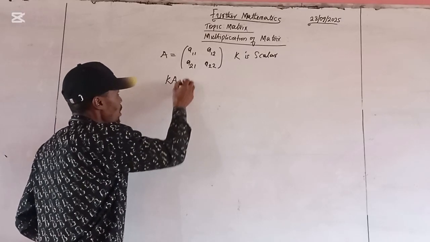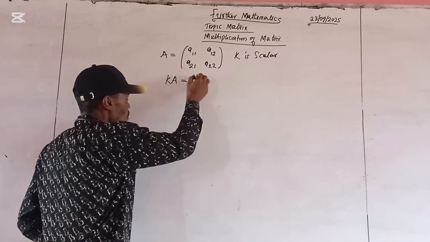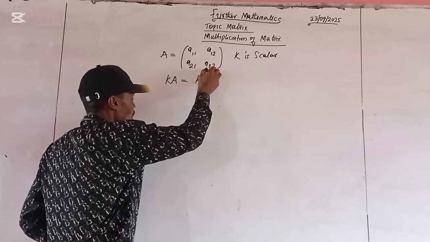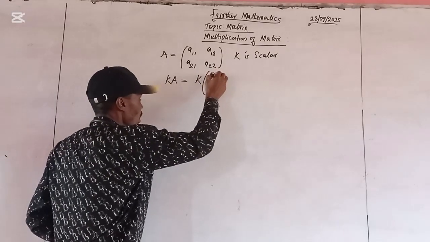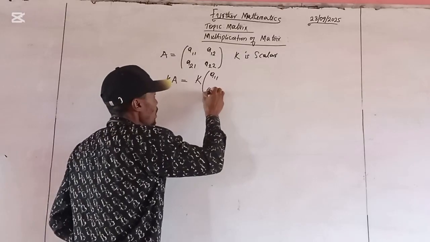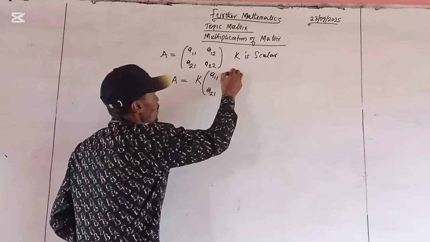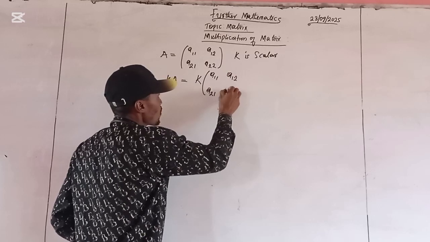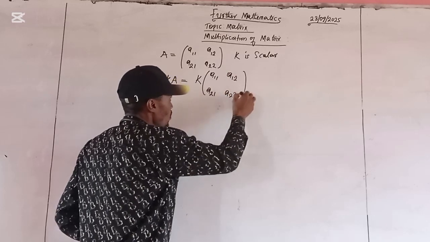Therefore, the scalar multiplication of A simply means KA, which is equal to K open bracket A11, A21, A12, A22.